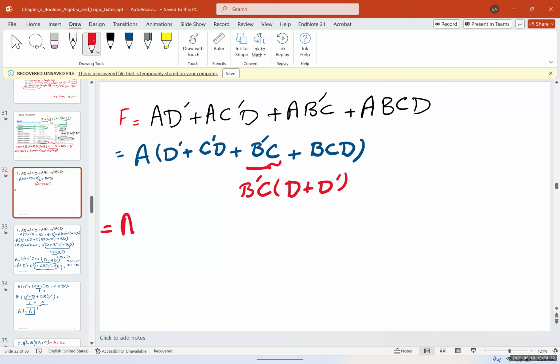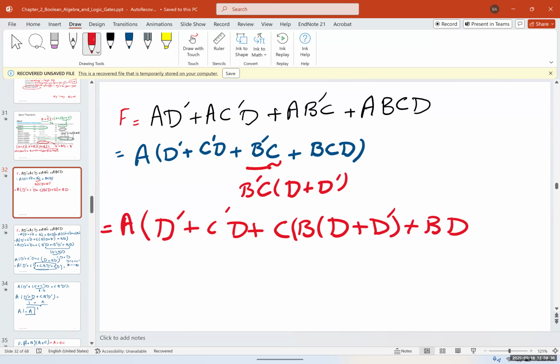So I can write this like this: A times (D prime plus C prime D plus C times (B and D plus D prime) plus BD). And I'm going to close the parentheses.